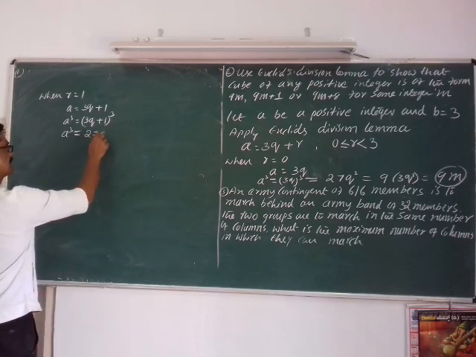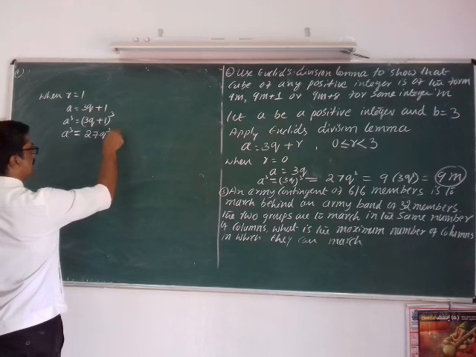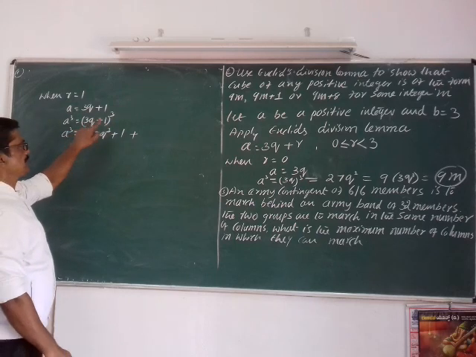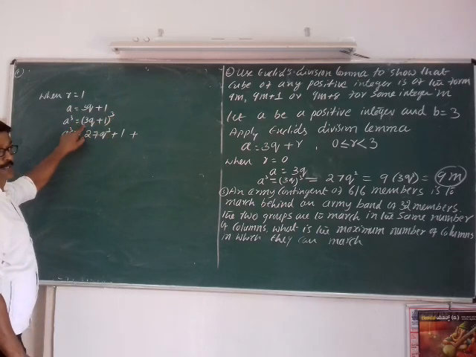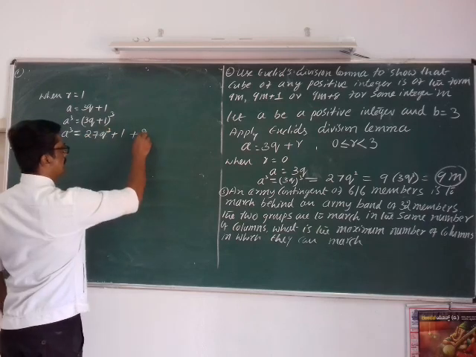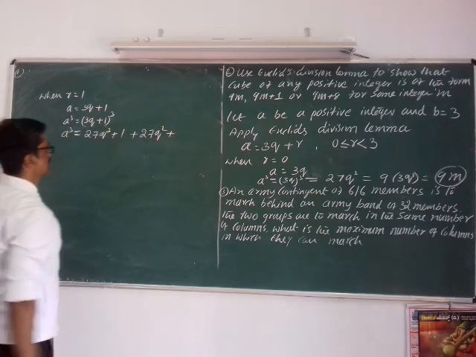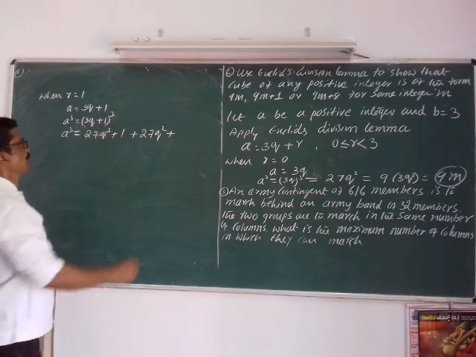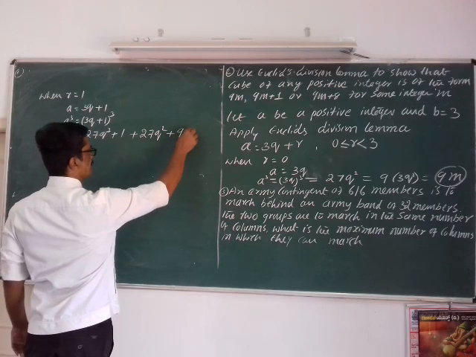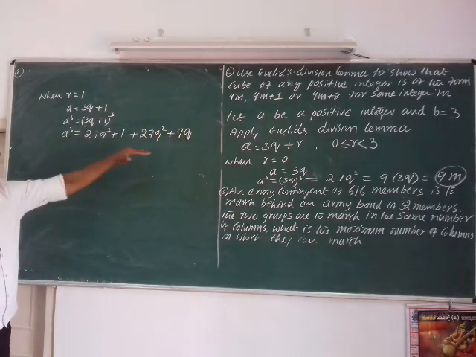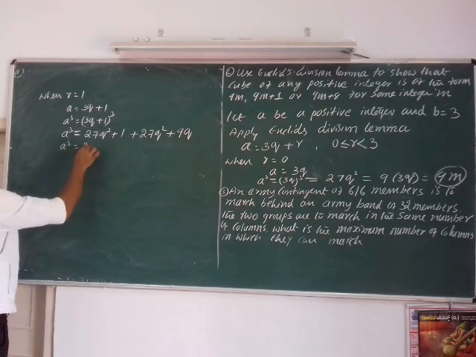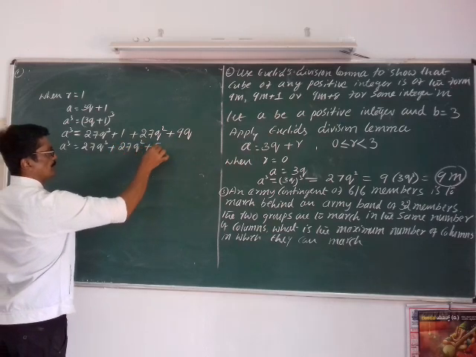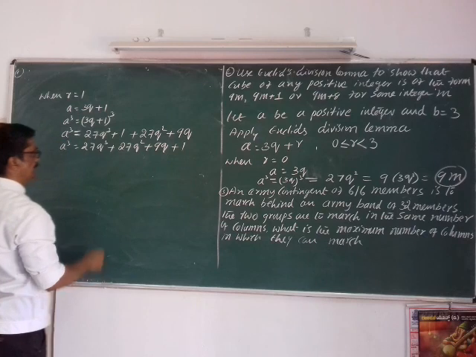So 27q cube, plus b cube, that is 1 only, plus 3a square b, 3 into 9q square, 27q square into 1, 27q square, plus 3ab square, that is 3 3s are 9q, plus 1 square is 9q only. For my convenience, I write this in order: 27q cube plus 27q square plus 9q plus 1.